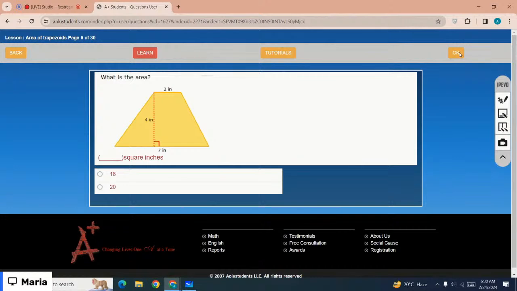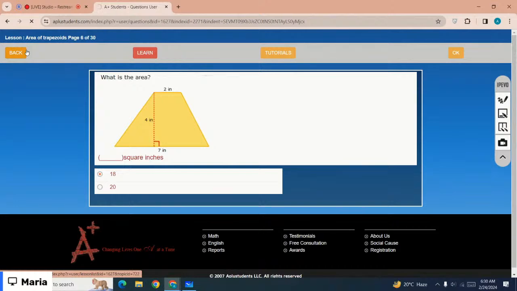What is the area, which is the correct option? The correct option is yes, that is 18 square inches, right? Okay, you can complete the lesson by yourself later today.